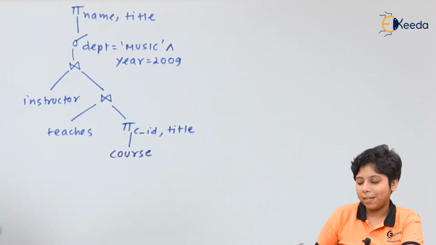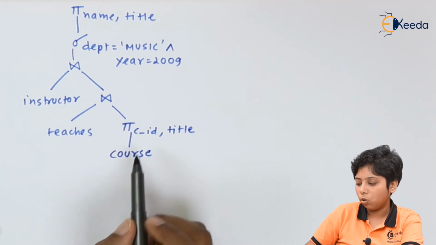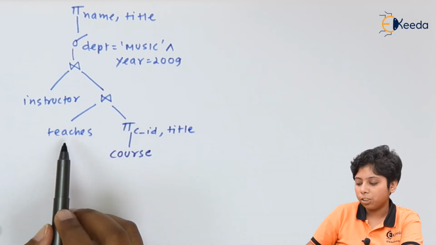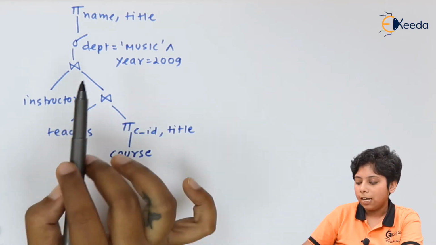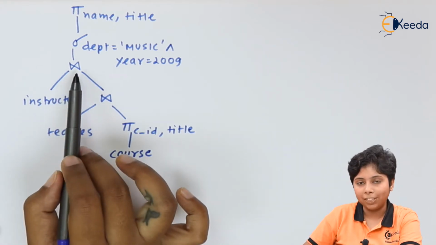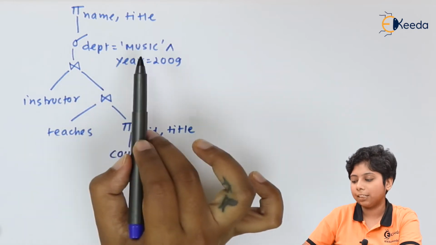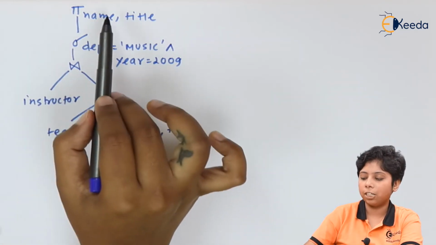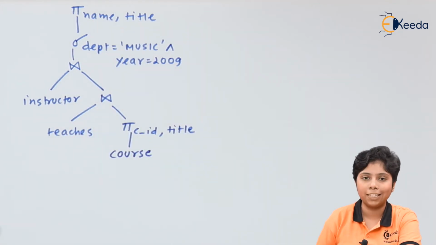So this is our basic tree where we first fetch the course with the selection on the course ID and title. Make this projection, then teachers with this join. Make this joining with instructor with again a join. Then select the department music in 2009 from it. From the resulting selection, we project the name and title.